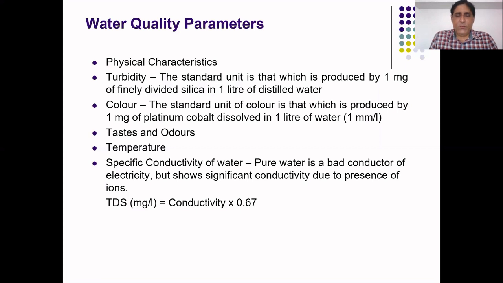So the temperature of water should be such which is good enough to drink. People say that the water was such that when I drank it, it quenched my thirst. Ideally, the temperature of water should be between 10 to 25 degrees centigrade, right?